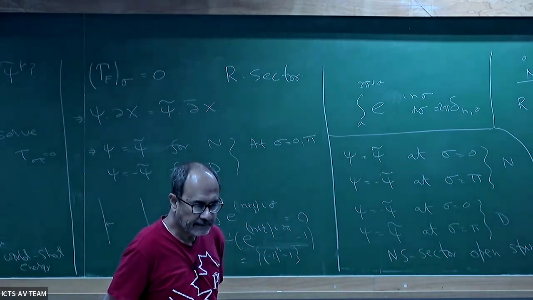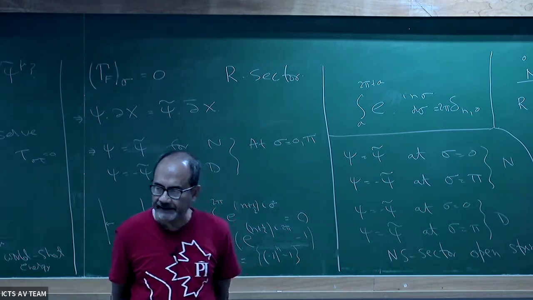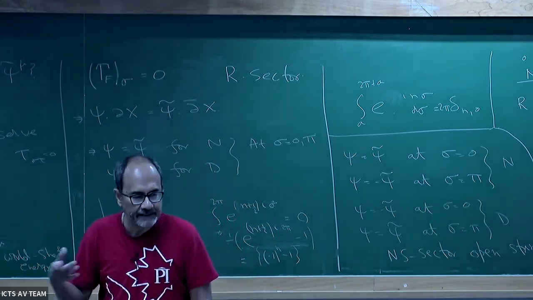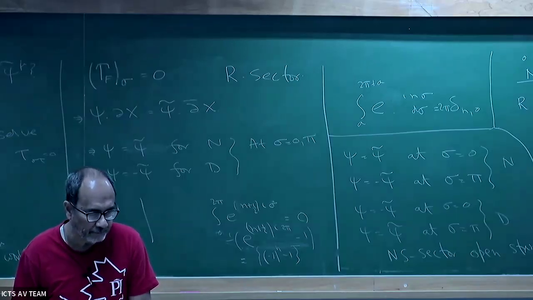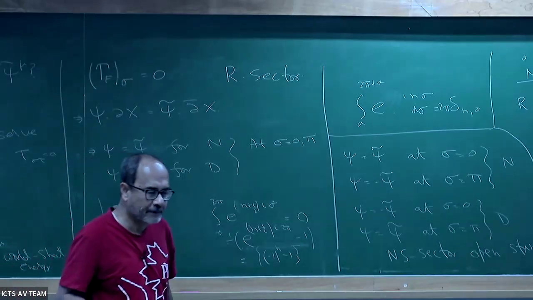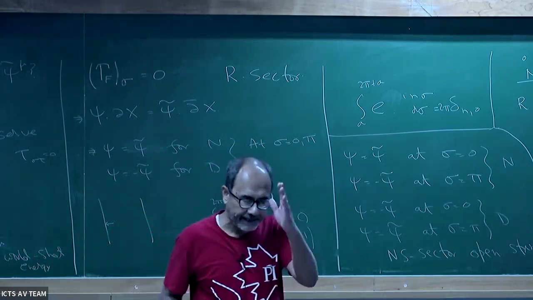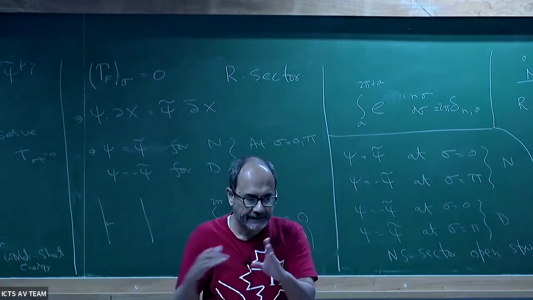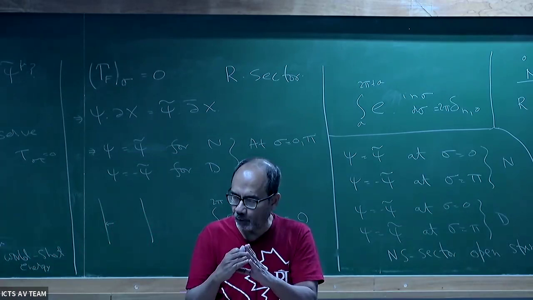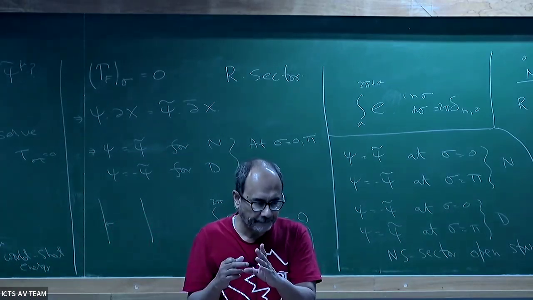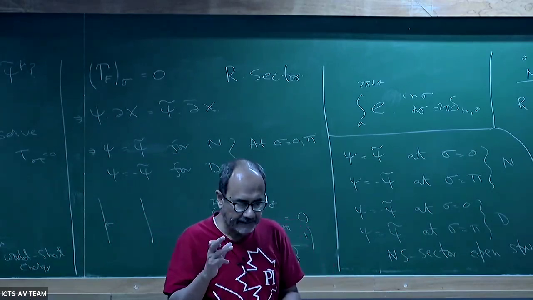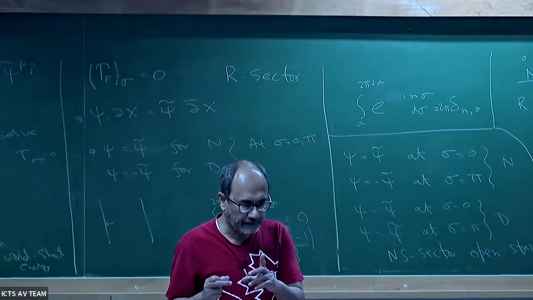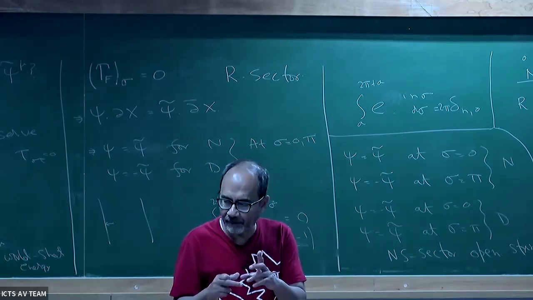Right now, let's just proceed by saying that they have the same boundary condition. Later on, we will see what happens when they have opposite boundary conditions, N and D. But this is relevant because sometimes you may have, say, two D strings. One goes in this direction, the other one goes in this direction. On that, there are open string excitations that go from one to the other. And there it's clear that for two of the coordinates you have ND boundary condition, ND for one and DN for the other.